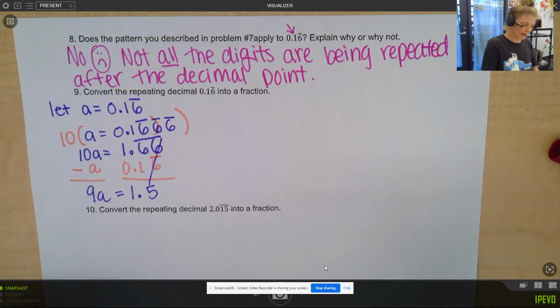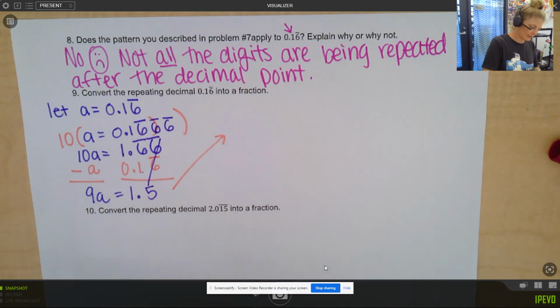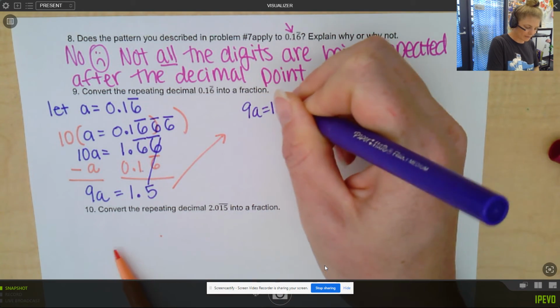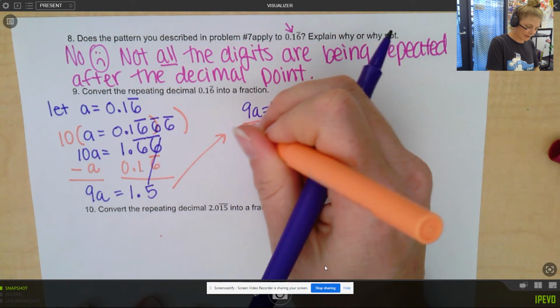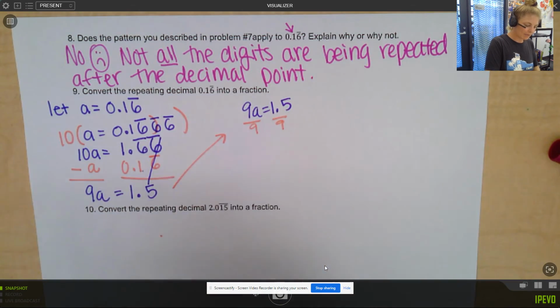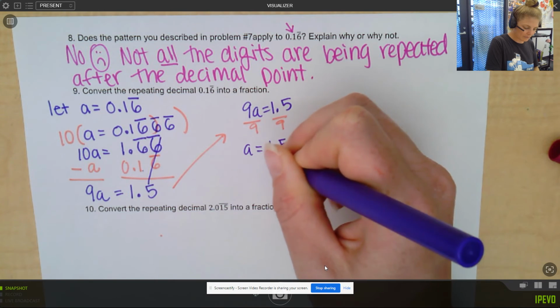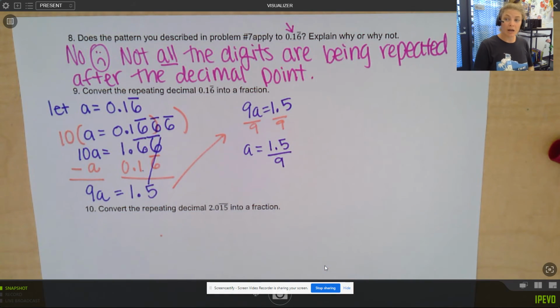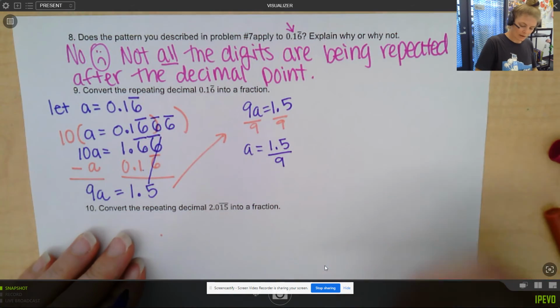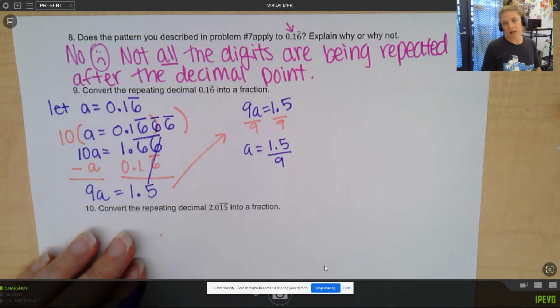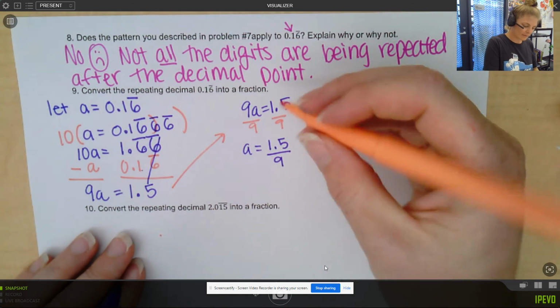But we still need to solve for A. So we're going to come back up here. We have 9A is equal to 1.5. I'm going to divide both sides by 9 to get A by itself. And I get A is equal to 1.5 over 9. You cannot leave decimals in fractions. They are not simplified. So again, you could probably think of a number that gets rid of the decimal and it's easy to simplify from the beginning.